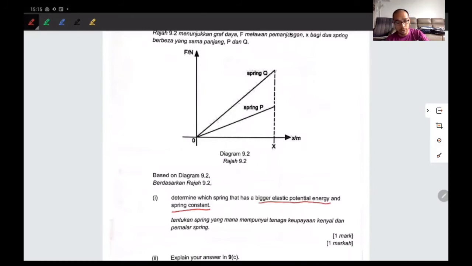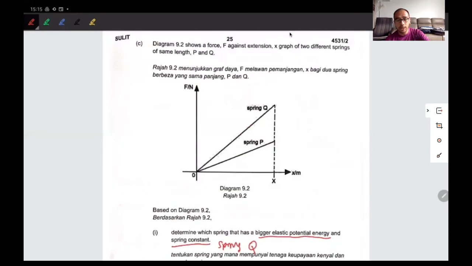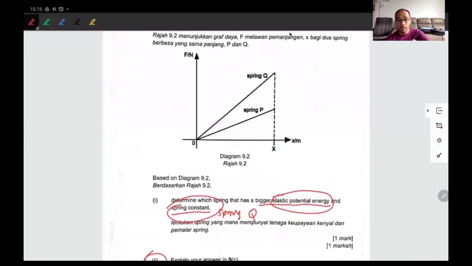Obviously, it will be spring Q. Okay, because in an Fx graph, okay, let me explain this lah. Saya terus bagi jawapan untuk ini ya. Why is it that spring Q has a bigger elastic potential energy and a bigger spring constant? Okay, because point number 1, the gradient of the graph represents spring constant.